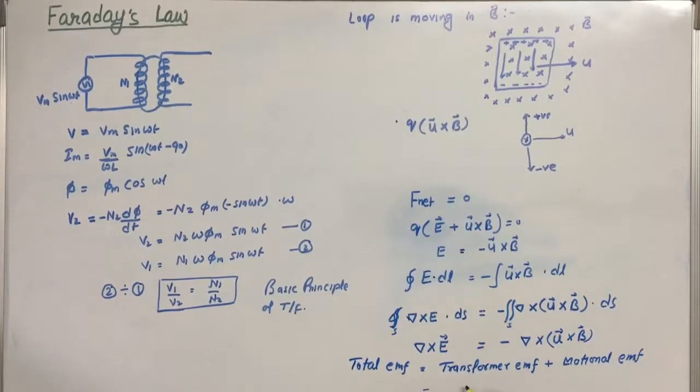So the transformer EMF is given by the rate of change of magnetic flux density, plus the motional EMF, which is minus U cross B. So this is the total EMF: the curl of the electric field in any material is the total EMF, the combination of the transformer EMF and motional EMF. So these are all about Faraday's law.